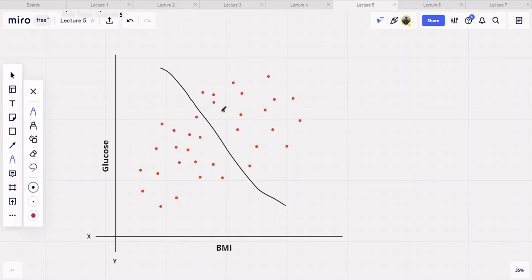Basically we want to draw a threshold line that will classify the data in the most optimal manner. This is the most fundamental thing about logistic regression.